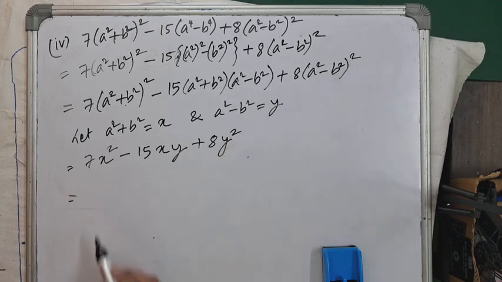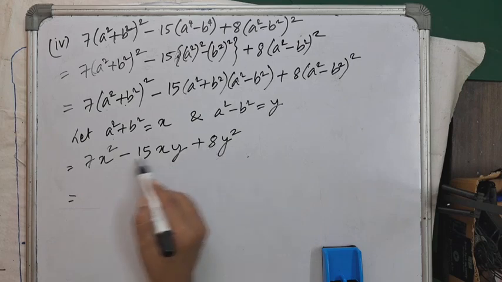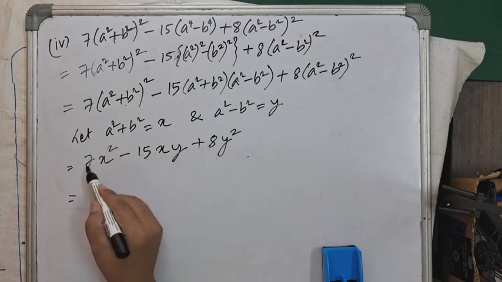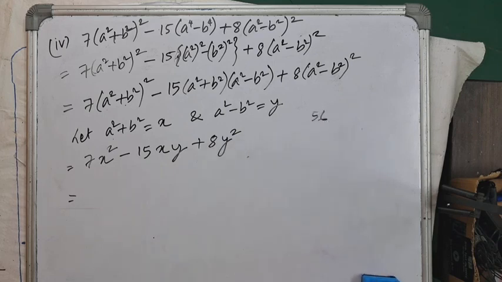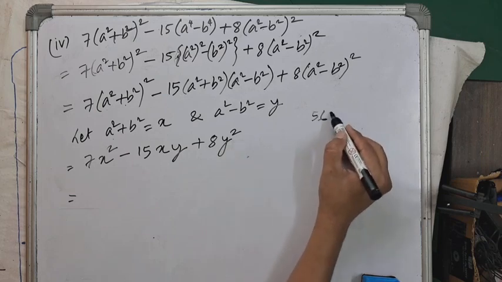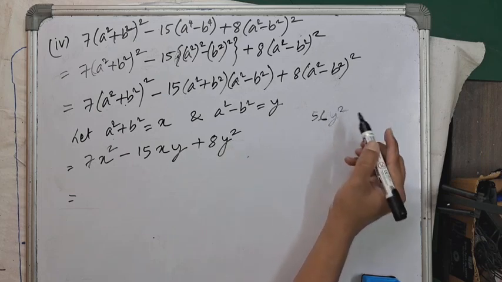Okay, now we can middle term factorize this. So 8 into 7 is 56, 56 y square.